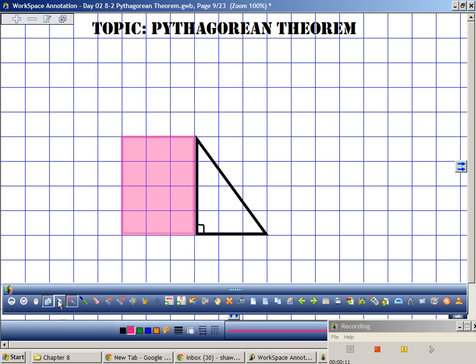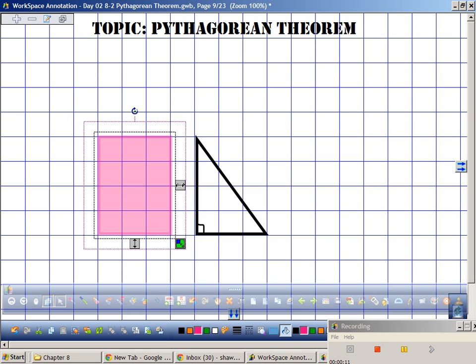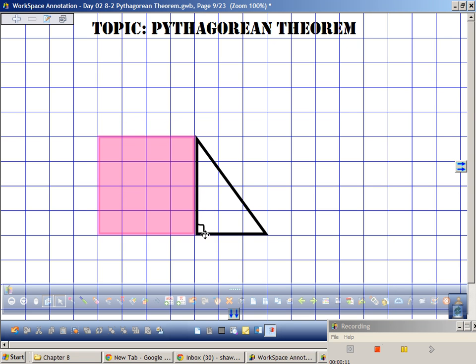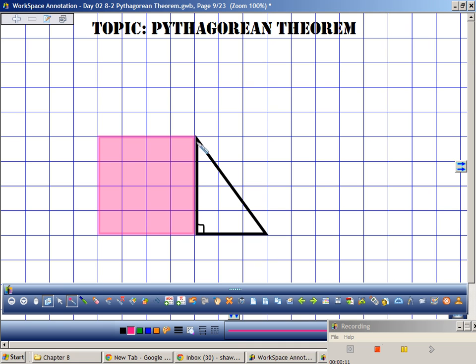Well, that didn't work very well, did it? That's better. This side has a length of 1, 2, 3, 4. So if this side has a length of 4, what's the area of this square? It has an area of 16 with a side length of 4.